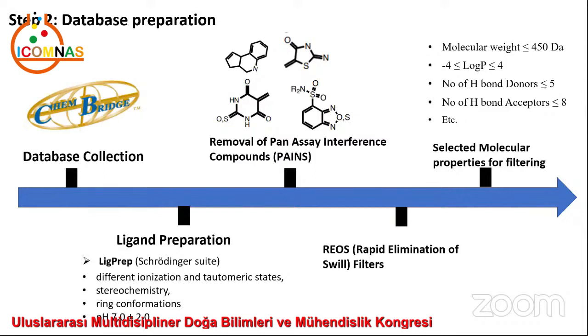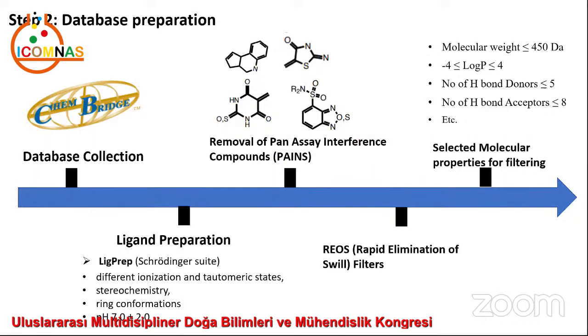As we already know, some of the compounds in the biological testing and in vitro testing are so-called frequent hits, which means that these compounds are giving us false positive results in these assays. And therefore, we use the already reported PAINS, pan-assay interference compounds, and remove these compounds from our databases.